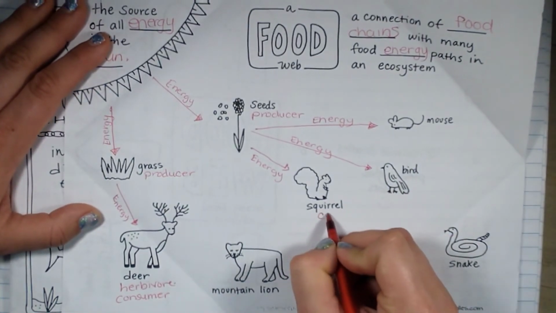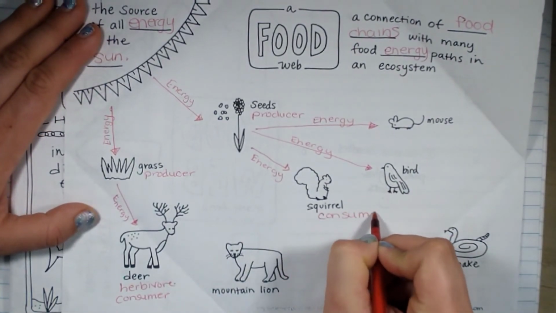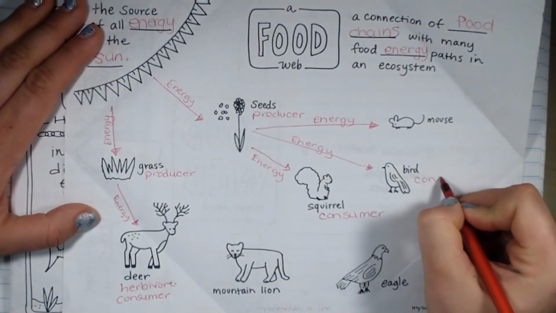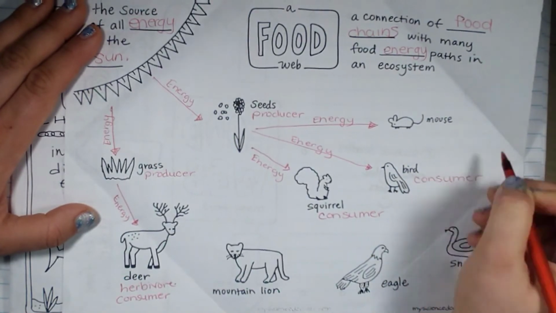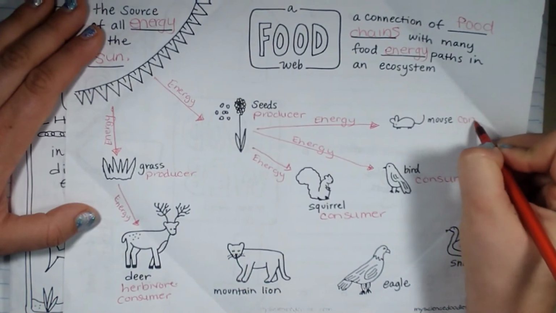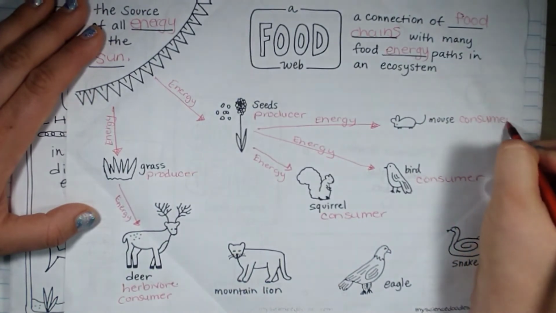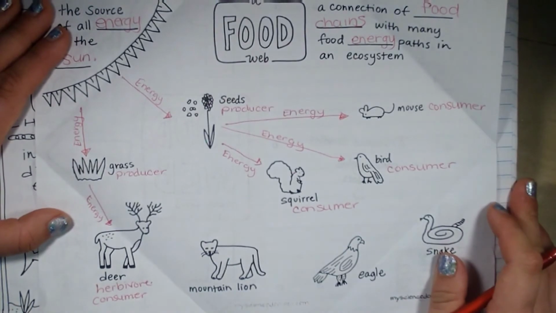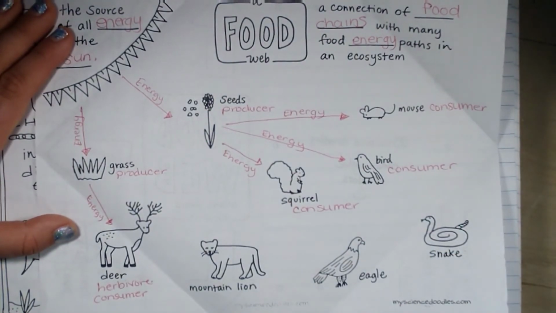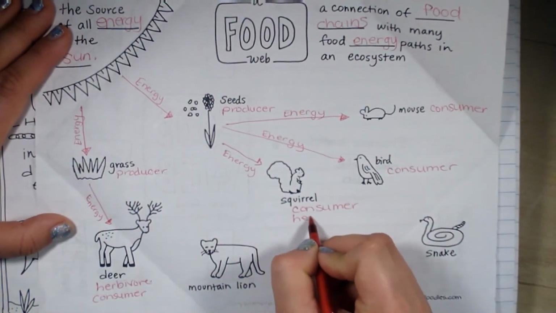They are all consumers because they eat their food and get their energy from something else. So they're all consumers. The squirrel is an herbivore.